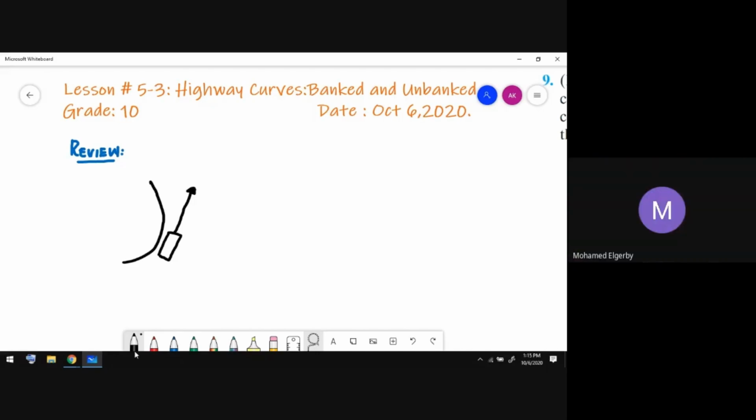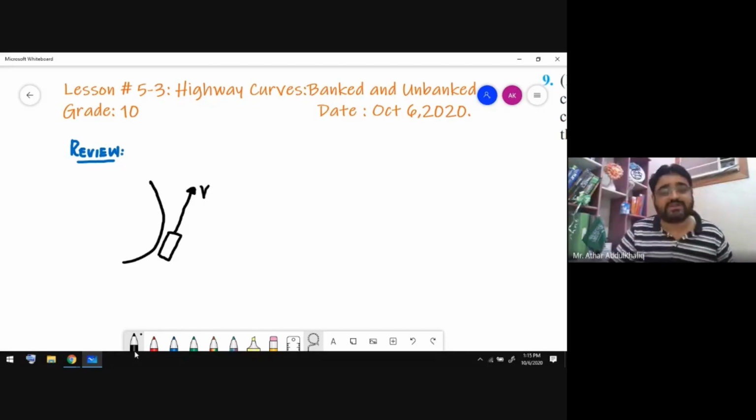So this is the direction of velocity, and if we want to keep the car in circular motion, I told you that we need a centripetal force. This centripetal force will be toward the center of the curve, and this centripetal force Fc will be provided by friction, which was named static friction.